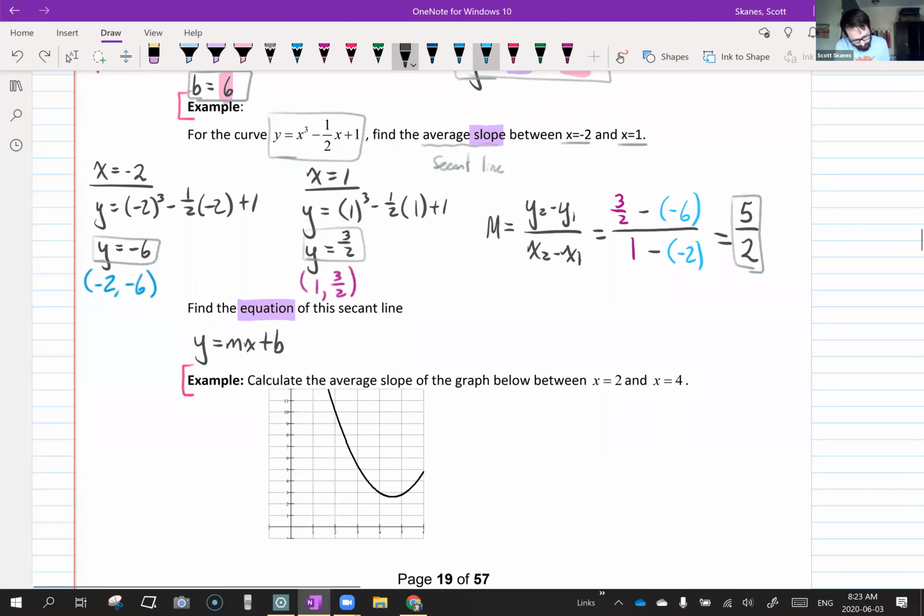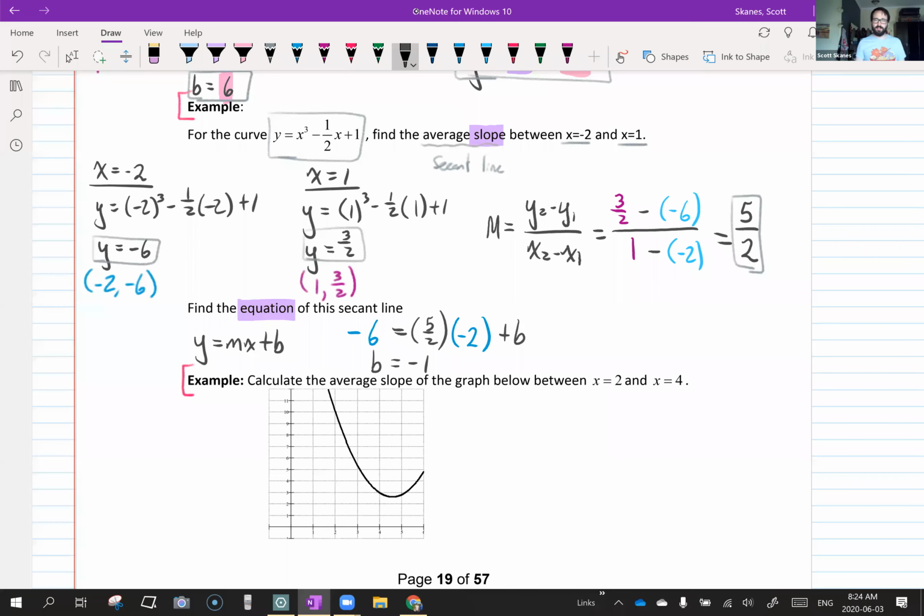That means we have -6 equals, I need to give myself some space, -6 equals our slope, which is 5 over 2, times our other x value, -2, plus b. We're looking for b. I'm running out of space here, so I'm just going to tell you that b equals -1.